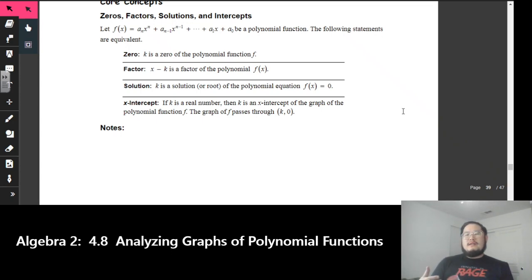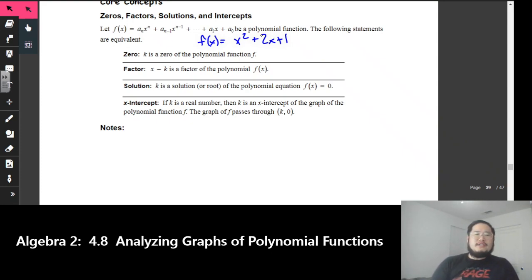Remember, if we have a polynomial function, let's say f of x is equal to x squared plus 2x plus 1, and I could say find the zeros.